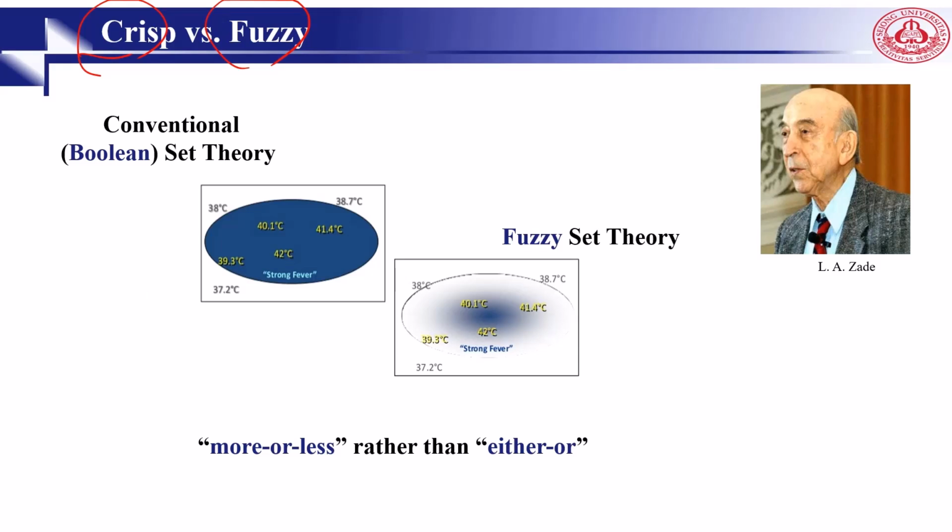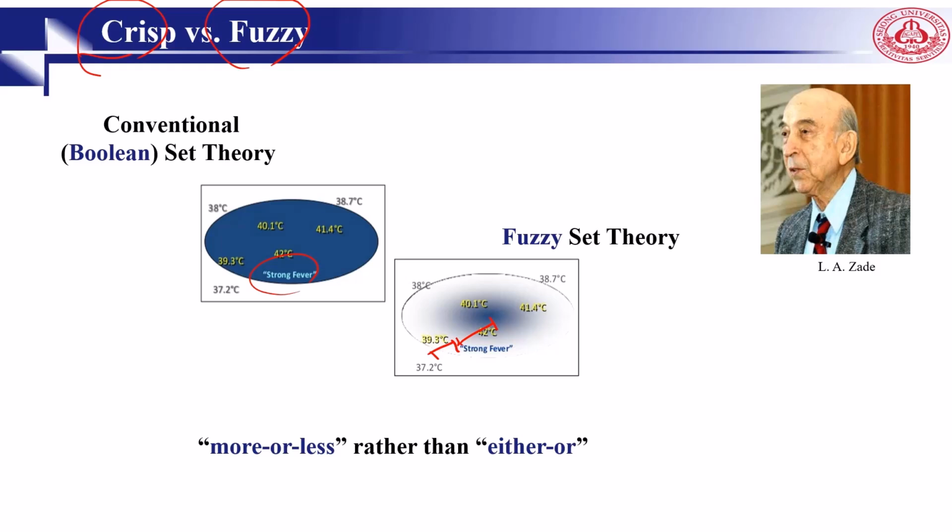In crisp terms, we can define that if it is 39.3 or above, the person has a strong fever, and less than that has no fever. But it is again not clear, because from 39 to 40, the condition is totally different from 40 to 42. At 42, the person will die. But at lower temperatures, with some medication, it will go.